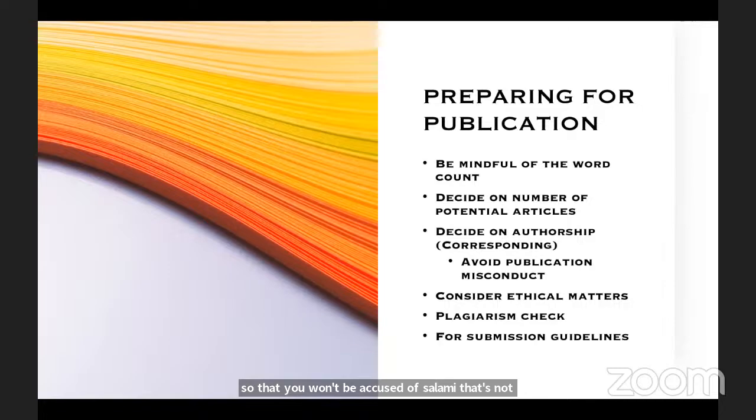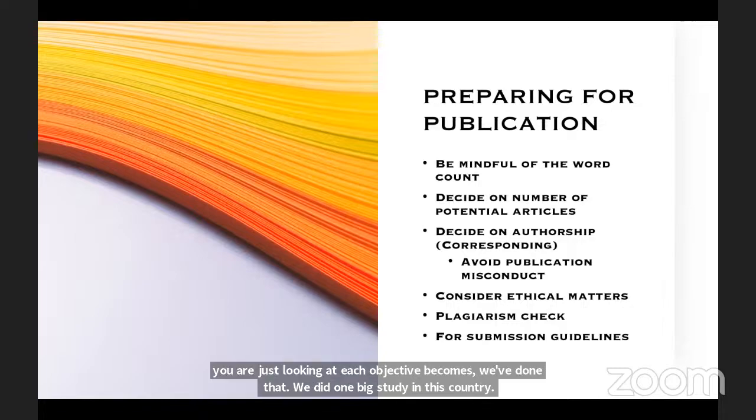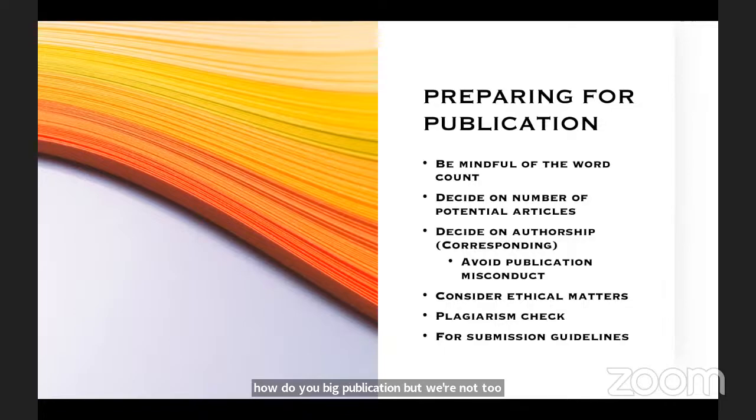You must say this is a part of a wider study, and you are just looking at each objective. We've done that. We did one big study in this country, had a big publication, but we then took each aspect and had another robust article from it. So you must decide on the number of the articles.